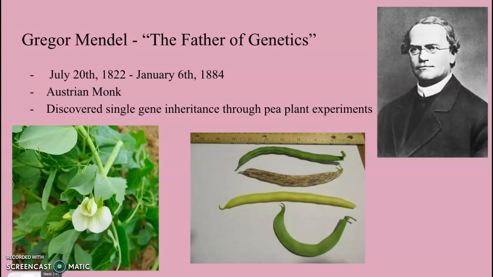And through years of crossbreeding, he noticed that, surprisingly, the green peas were recessive and the yellow were dominant. Which is very interesting, I think, because we always see green pea plants and not that much yellow. So it's very interesting that he found out that yellow was a dominant trait.